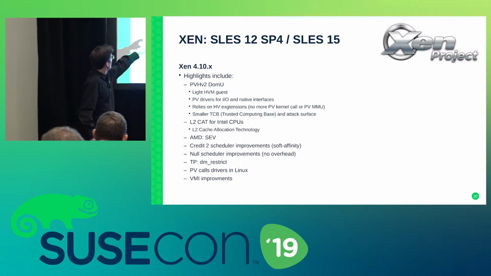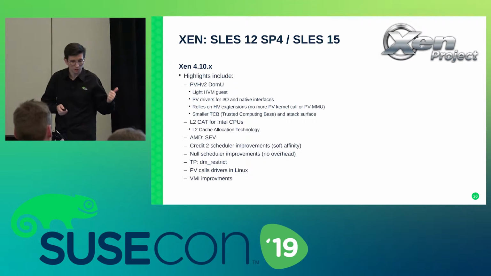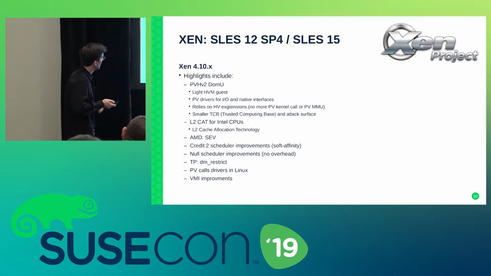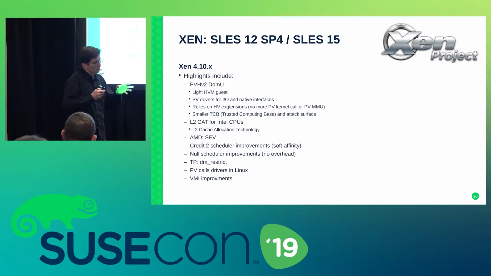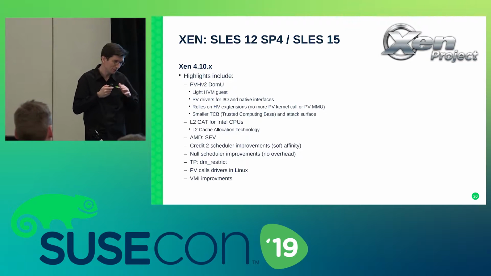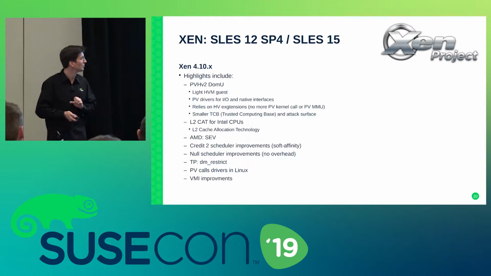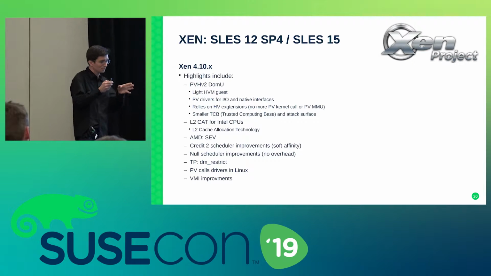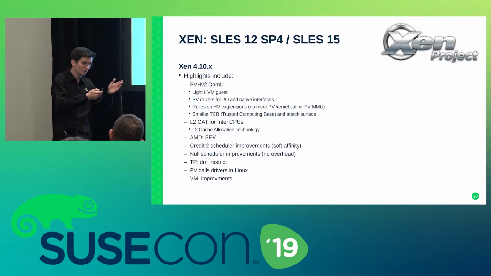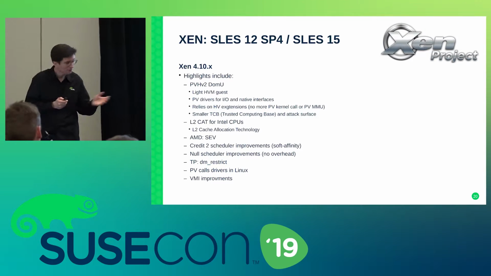There are 4 kinds of schedulers available in Xen. So Credit 1, which was the former one, is lightweight. It's based on the weight of the guest, which means that if a guest requires a lot of CPU usage, then the power will be put on this guest. And Credit 2 is on top of this.